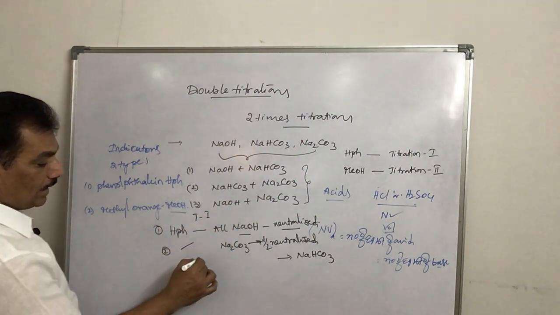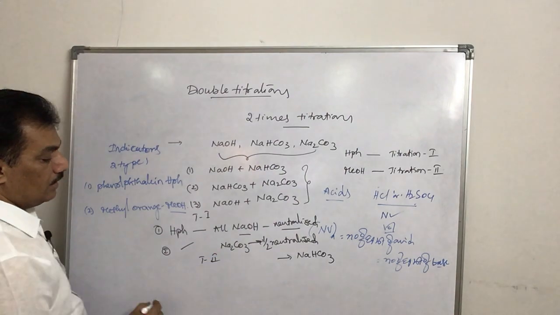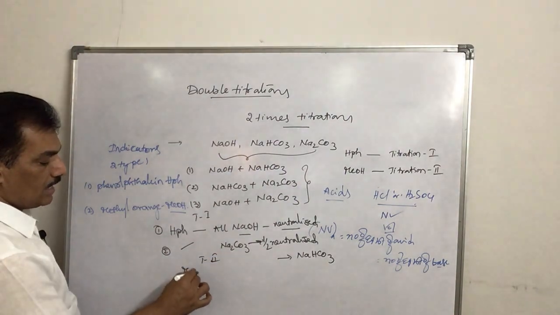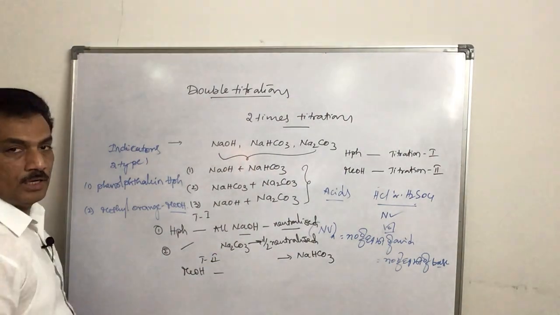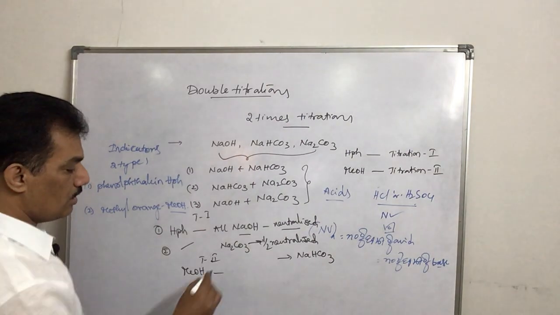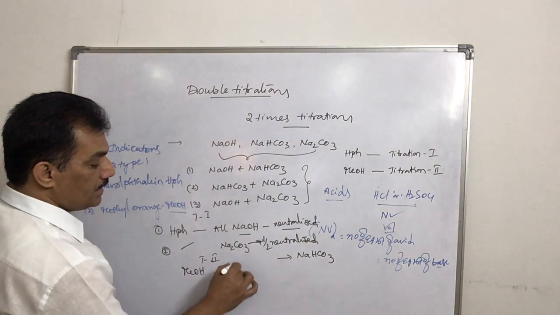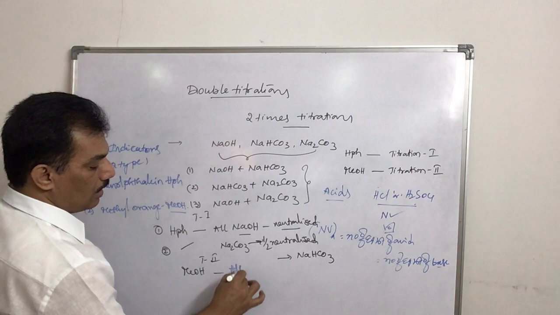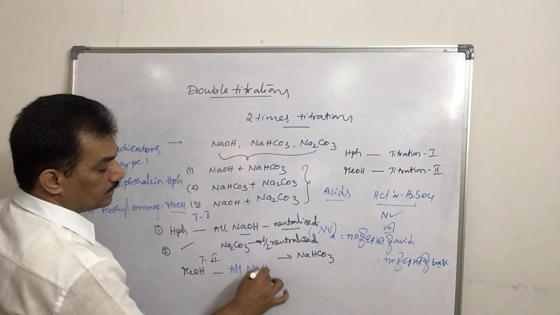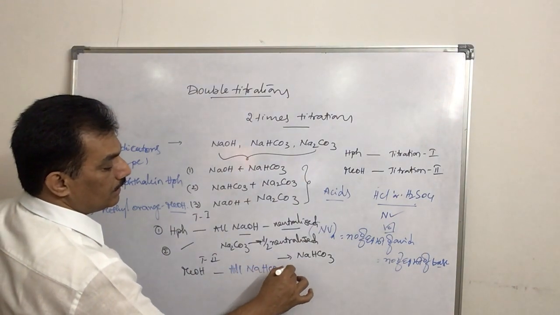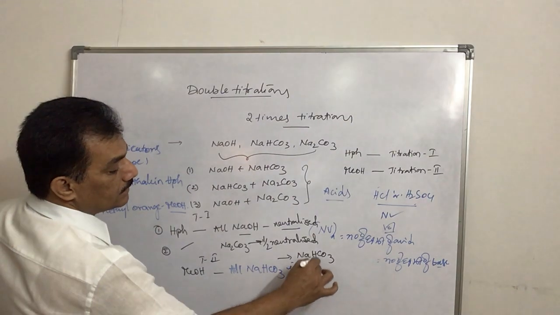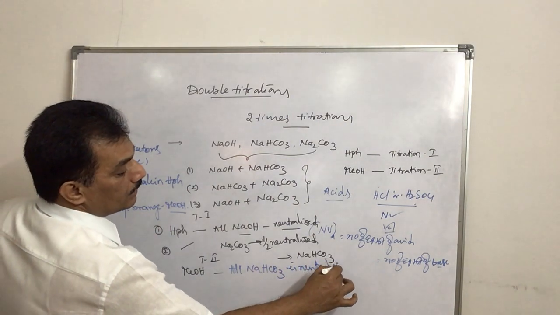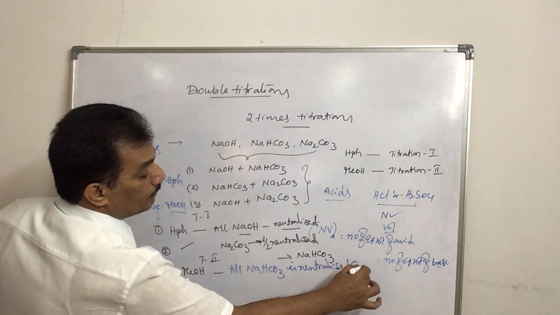And now coming to titration 2. What happened? Here, in presence of methyl orange, just remember, in presence of methyl orange, all NaHCO3 is neutralized completely.